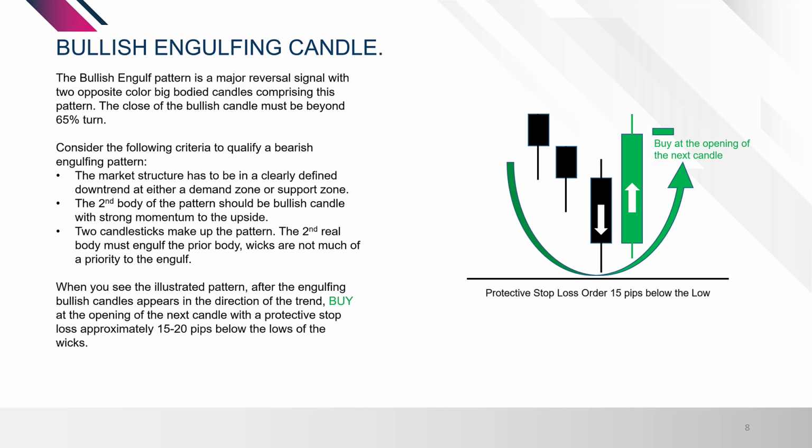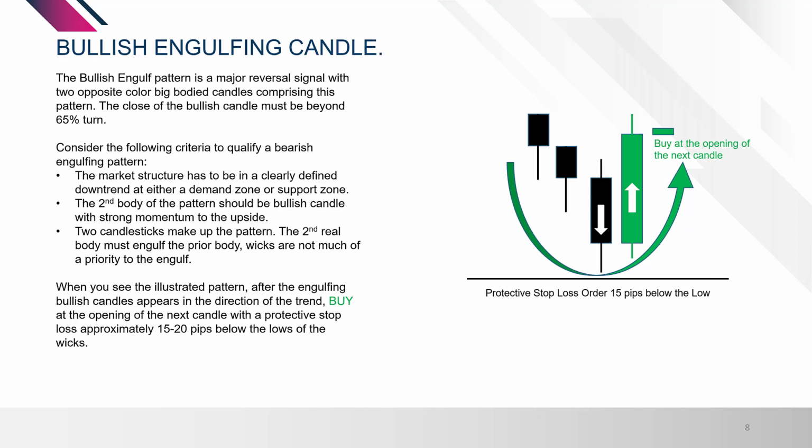What do I mean by 65% up-turn? As you can see on the illustration, the bullish candle, in this case represented by the green candle, the close of that bullish candle is beyond 65% up-turn from the bearish candle.